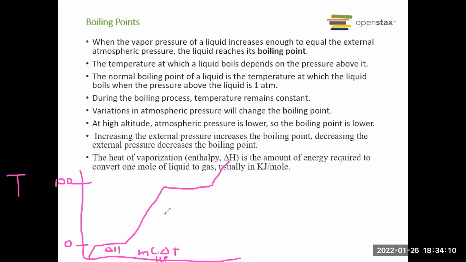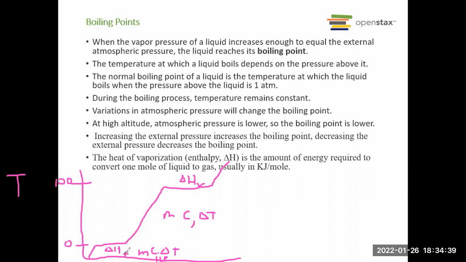This here is m c liquid delta T. This here is going to be delta H vaporization, delta H V. This is going to be delta H fusion.